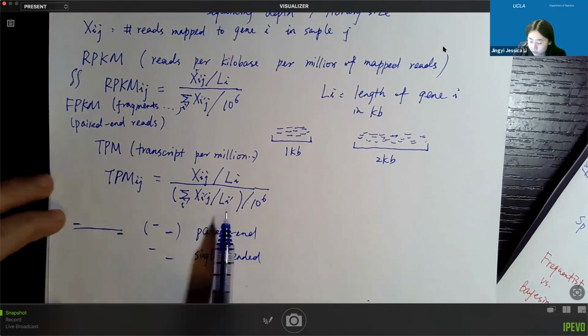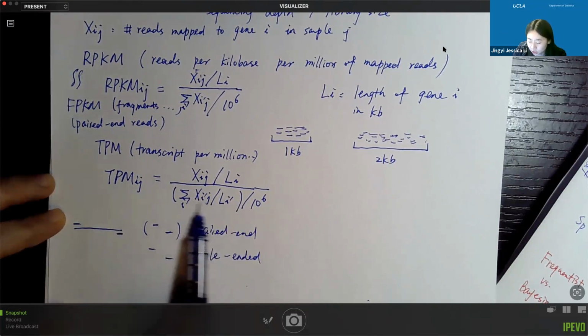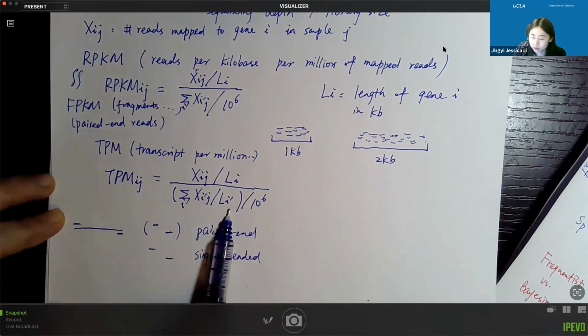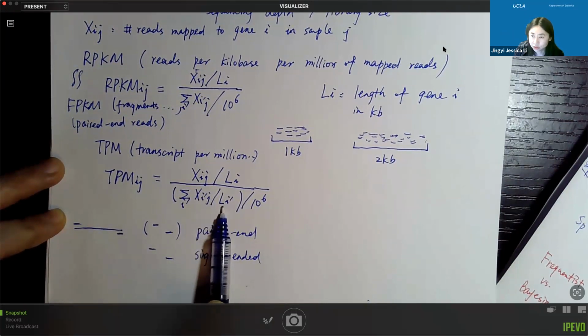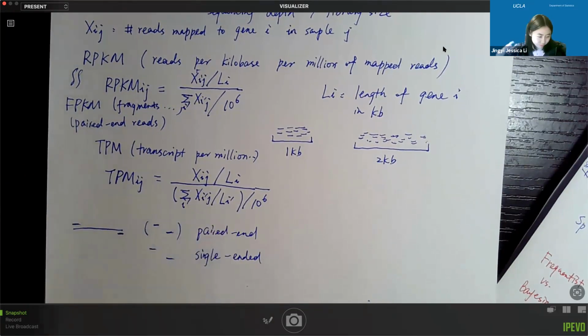So in TPM, the sequencing depth is based on the number of molecules. So that's why for every gene, we divide its number of reads by its length so that we can make the different genes comparable since their length is adjusted.